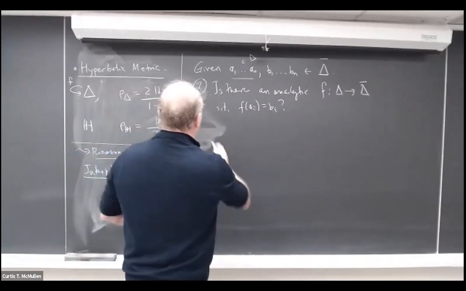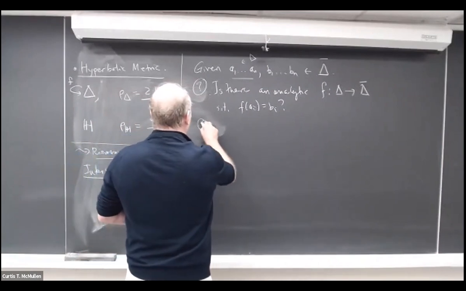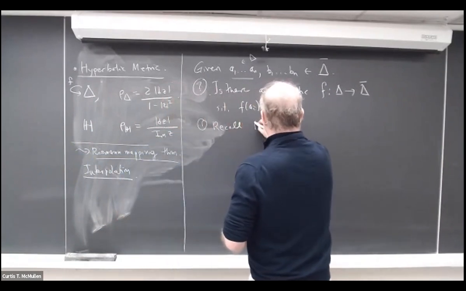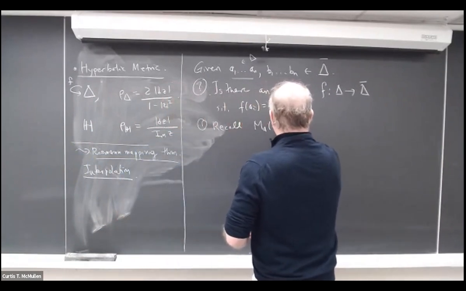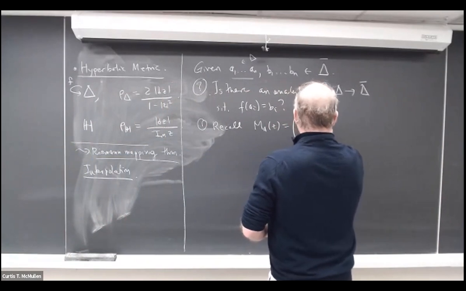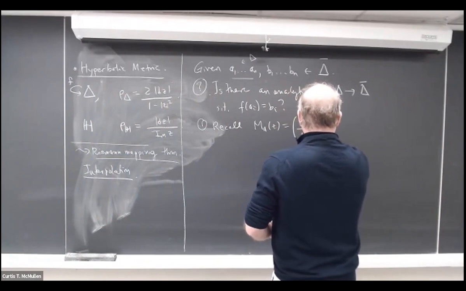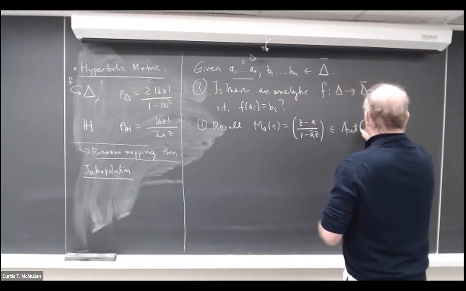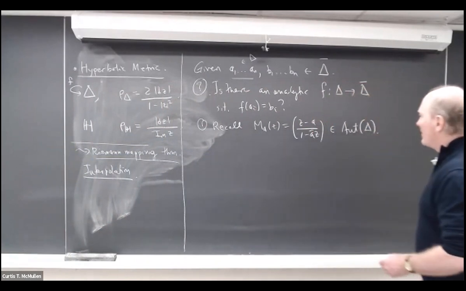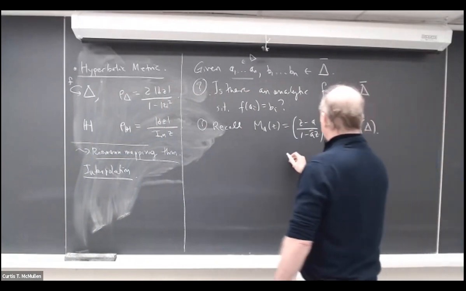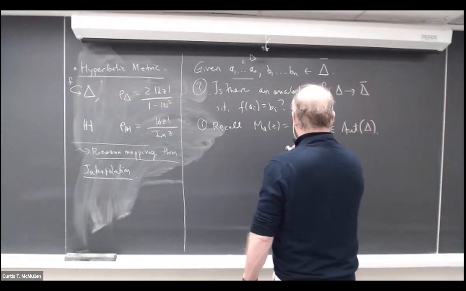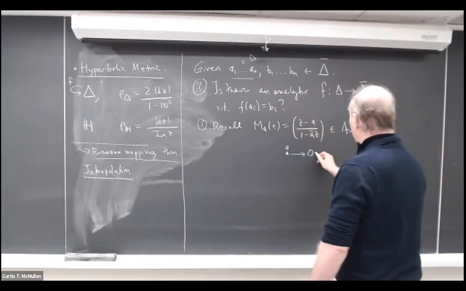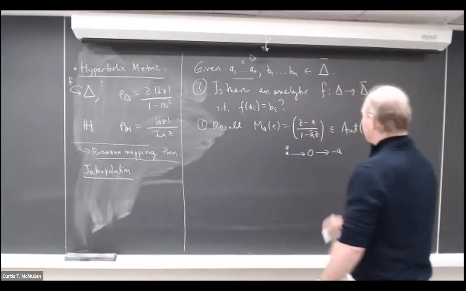So the first thing we recall is that there's a nice Mobius transformation, M_a(z) = (z - a)/(1 - a-bar z), which is in the automorphism group of the disk. And this Mobius transformation sends the point a to the origin, and it sends the origin to the point -a.